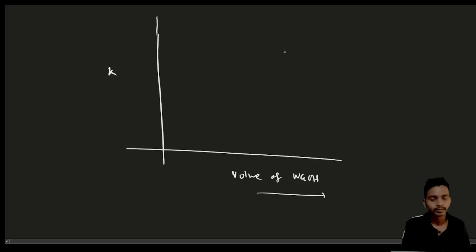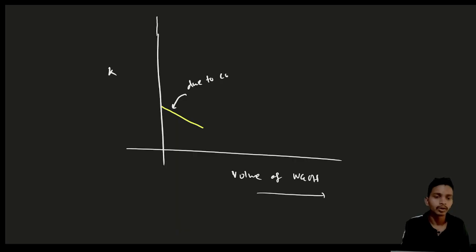Okay, so due to the acid being a weak acid, the conductance decreases here, and this decrease is due to the common ion effect, or we can say due to less dissociation of the acid. This is the reason.